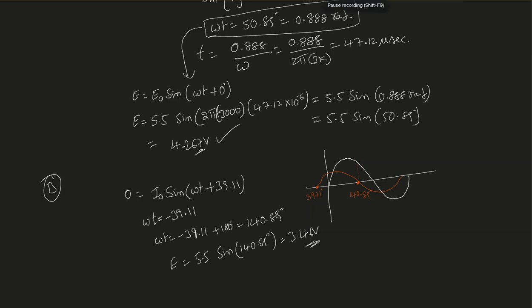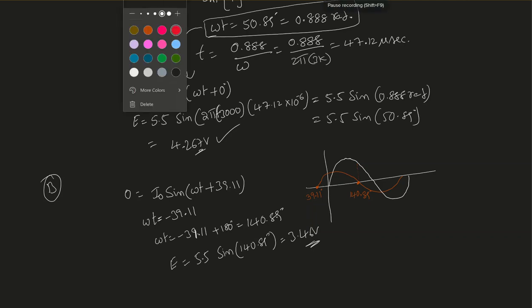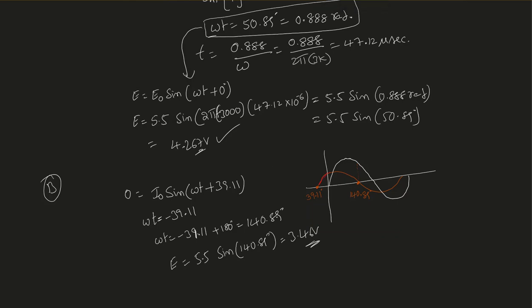If you look here, this is our current. Whenever it reaches zero and goes in the negative direction, what will be the voltage at this point? That's what he's asking for. So the current is 0 equals I naught sine omega t plus 39.11. So I found omega t equals minus 39.11.